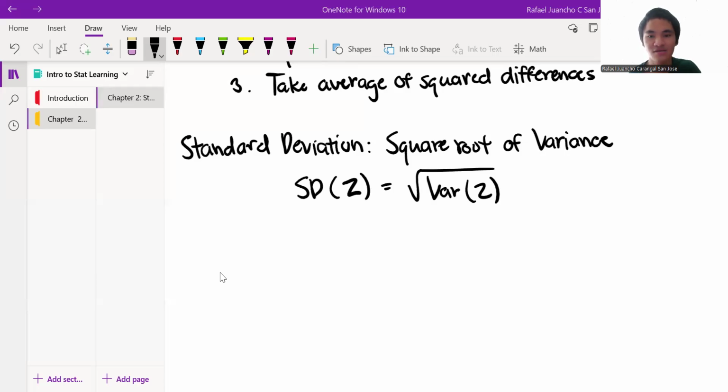Now, why take the square root? Variance is in squared units. Let's say if z is measured in meters, variance is in meters squared, right? Standard deviation brings it back to its original units.